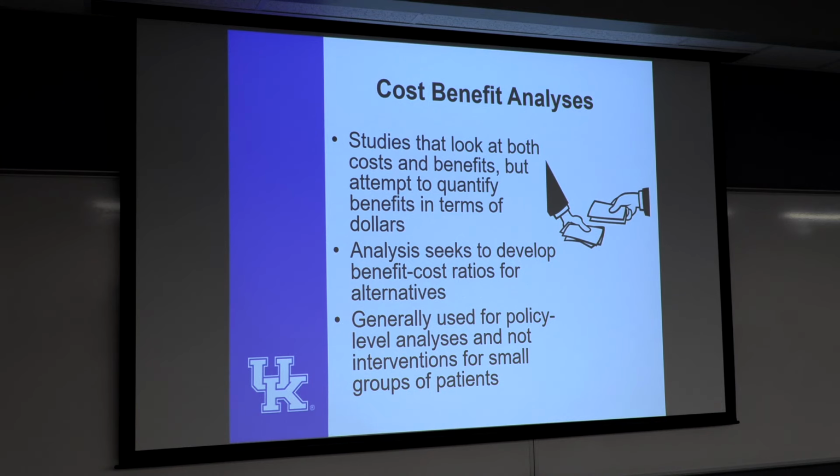Another analysis that people use this term a lot, but they use it wrong a lot, is a cost-benefit analysis. These are studies that look at both costs and benefits, but they try to quantify both in terms of dollars. And that's not necessarily appropriate in a clinical setting, but let me show you when it is used.